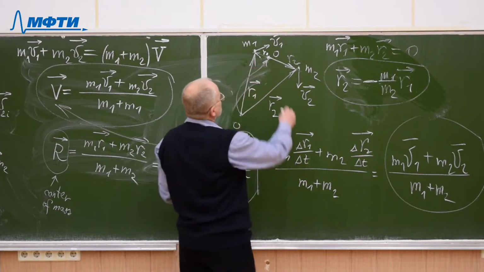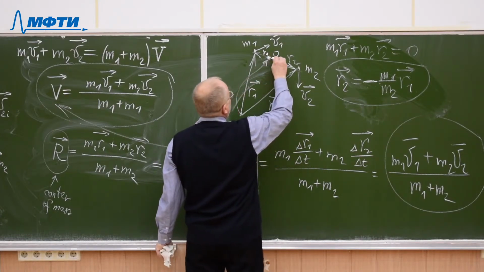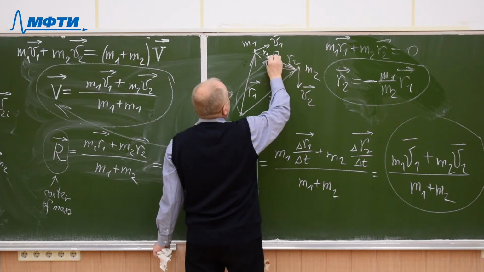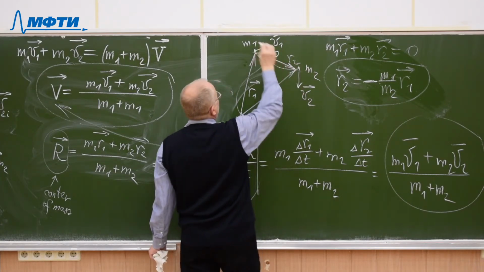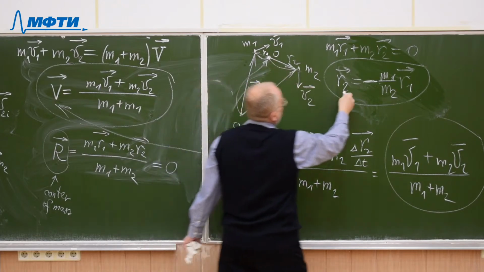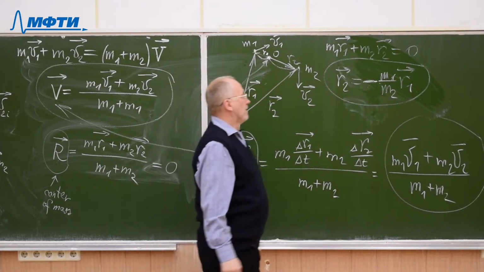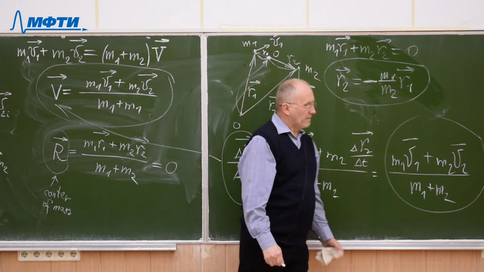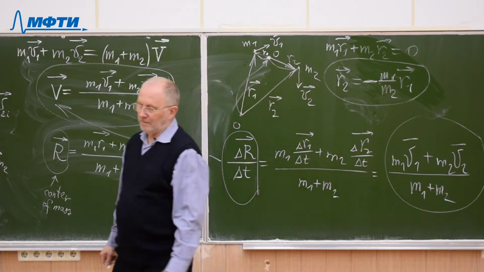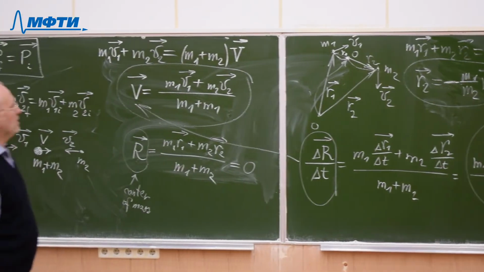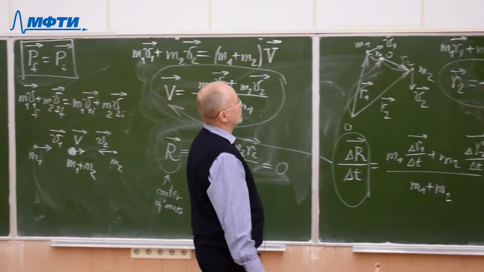And the distances from the center of mass to the second particle and to the first particle are related in a very simple way. This formula allows one to calculate the center of mass easily.